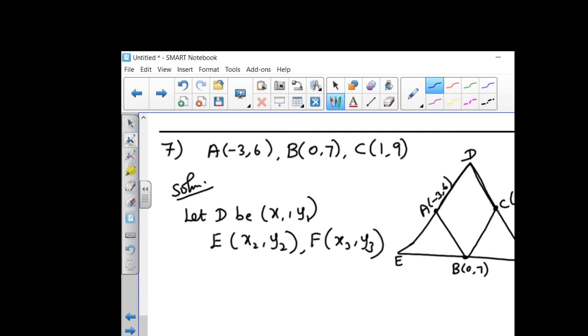So you can take the points. B is the midpoint of EF and A is the midpoint of DE and C is the midpoint of DF. So first we can write the midpoint of the line.